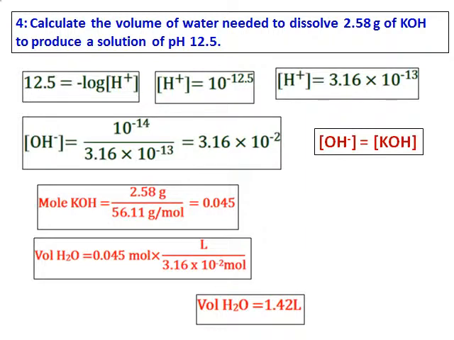So the volume of water is equal to 1.42 liters. In this case, since molarity is per volume of solution, we have just taken that volume of water is the volume of solution.